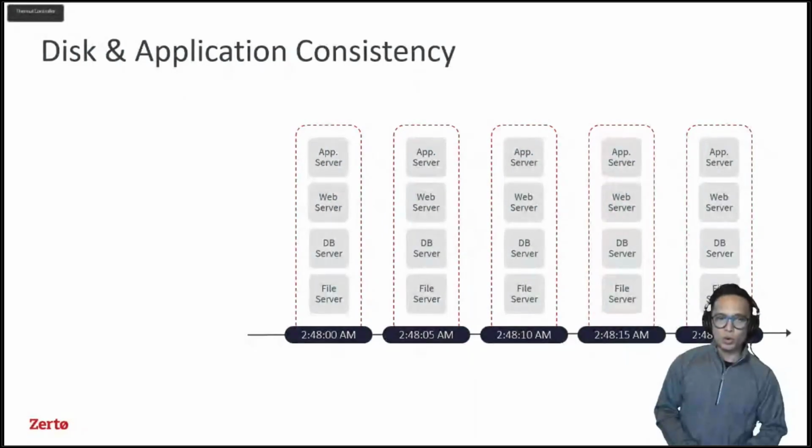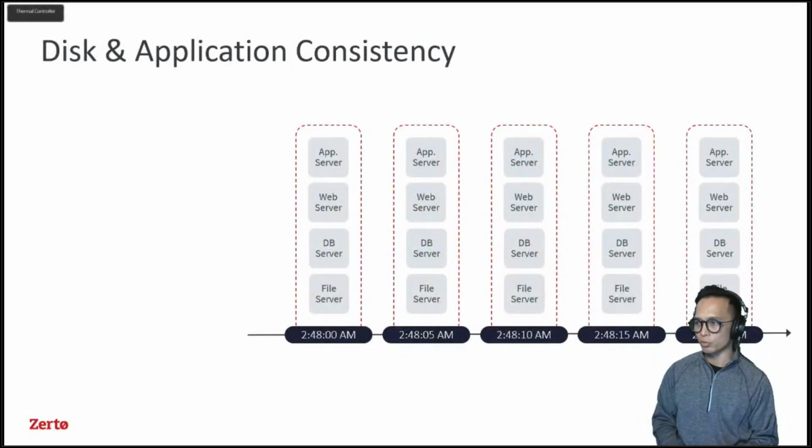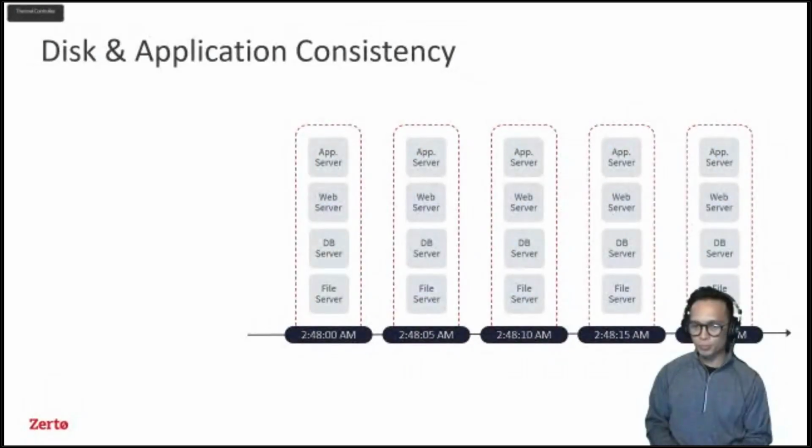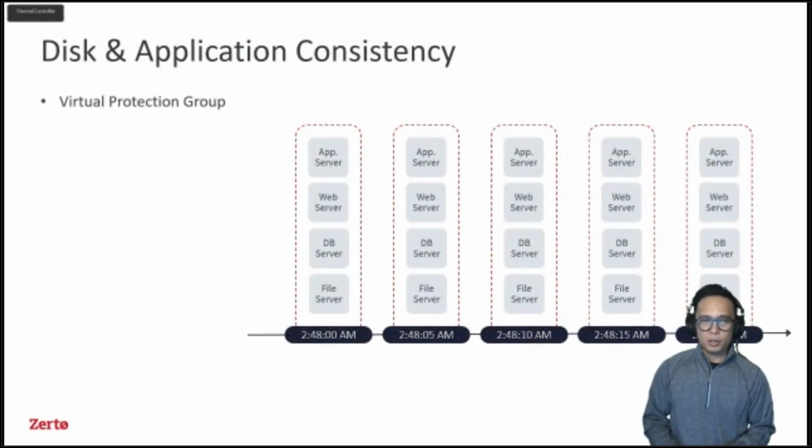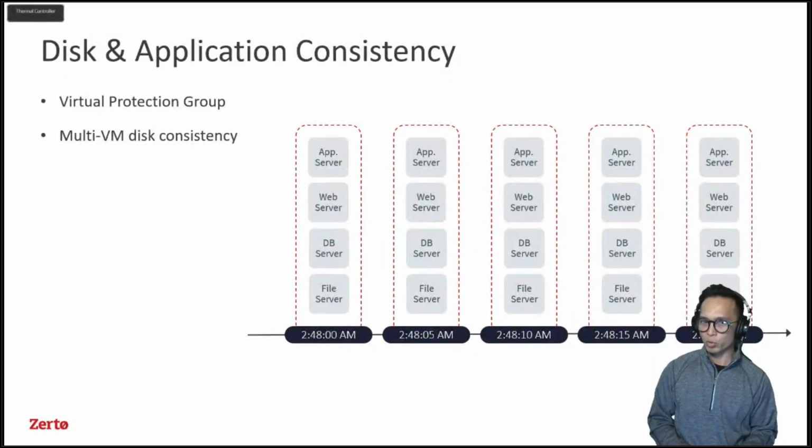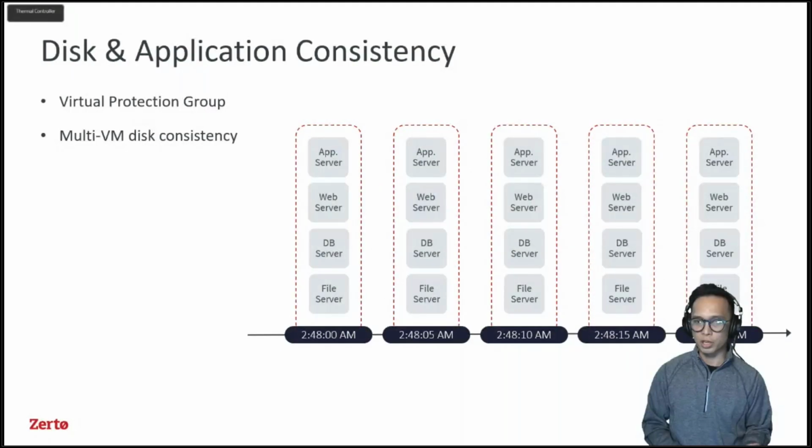All right, since we're talking about disk and application consistency, and I mentioned those virtual protection groups, a virtual protection group, and we'll see this in our demo because we have a demo coming up, offers that multi-VM disk consistency. It doesn't matter how many VMs you've got in there, how many disks are attached to them.